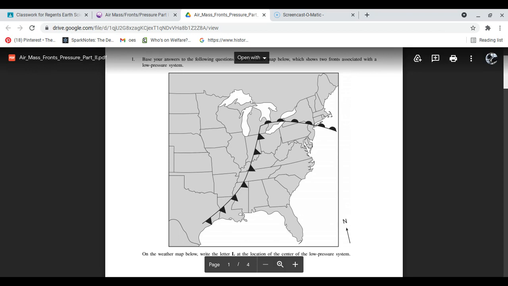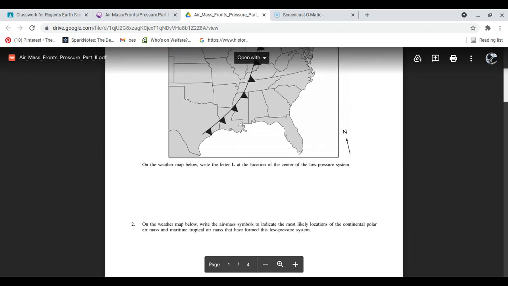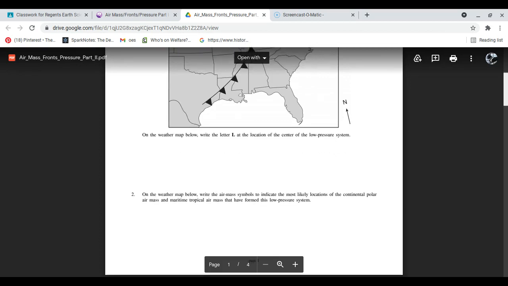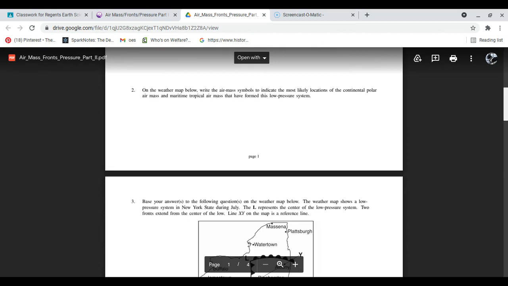Put your lowercase c and uppercase P where that belongs, and then your lowercase m and uppercase T where that would belong, that formed that low pressure system. Can you get it on there?